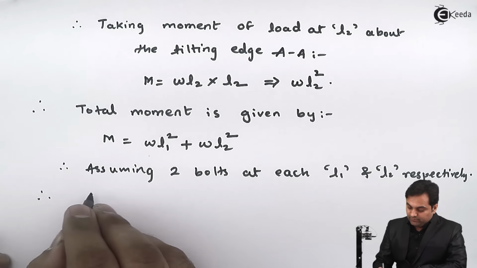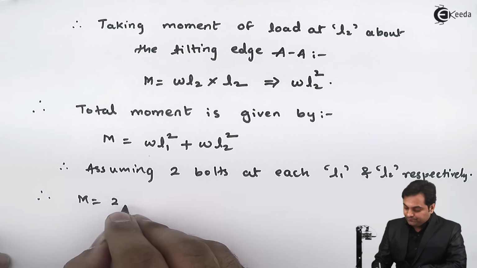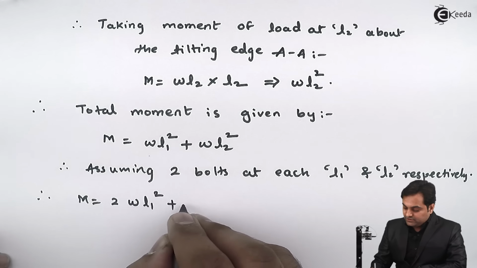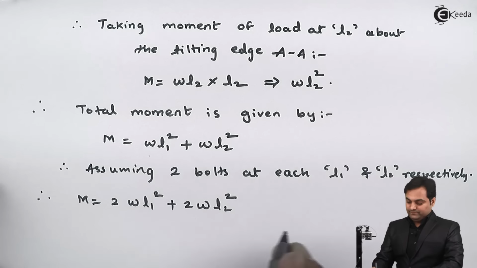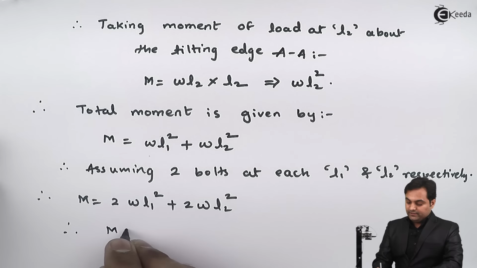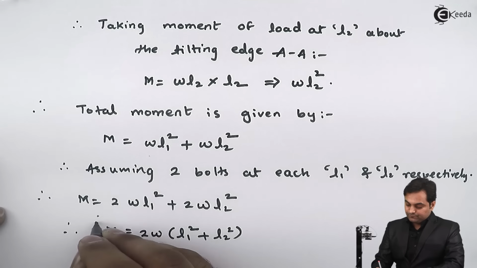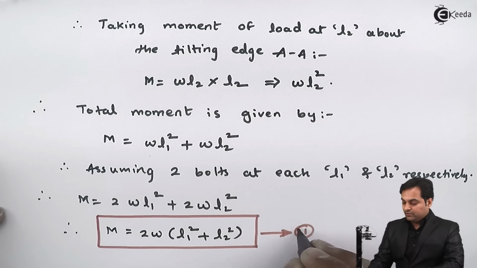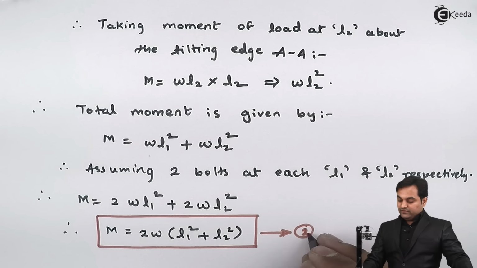So therefore total moment now will be equal to 2 bolts, so it is 2 into W into L1 square plus 2 into W into L2 square. So here I can take 2W common. Into the bracket we have L1 square plus L2 square. This will be equation number 1 for us, or after, I think equation 1 has been given. This will be equation 2.